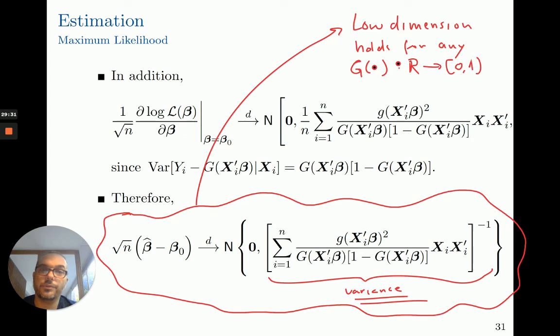Continuous, yes, because g must have the first derivative. So it's a very general result that we can use. As we are going to see, of course, this does not hold in large dimensions. Unfortunately, the problem is much more complicated.